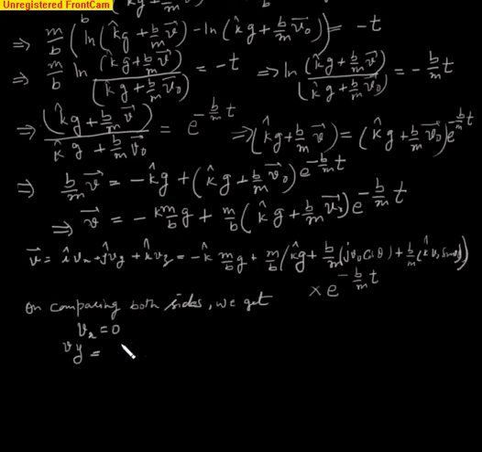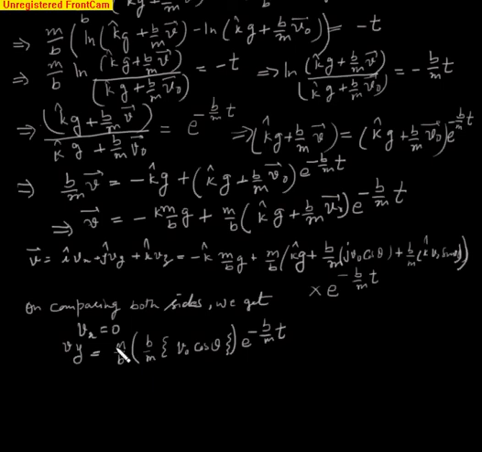So I will write m over b into this b over m in bracket, v naught cos of theta, then close this bracket, multiplied by e to the power minus b over m into t.